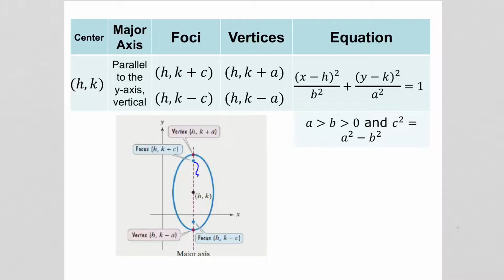So if this distance is a, then your vertex would be h, because it has the same x coordinate, and then k plus a. So this number plus a, and a's going up to there, would give you your y value.